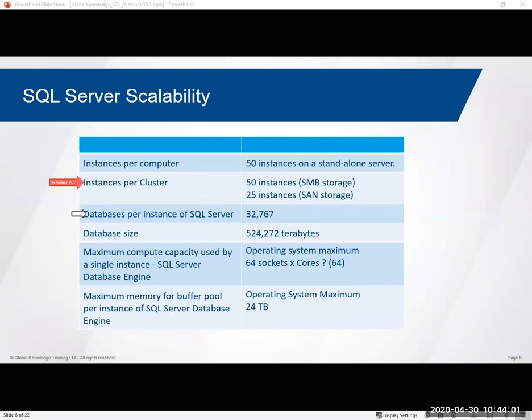An individual instance of SQL Server can have up to 32,000 odd databases, and each database can theoretically achieve up to 524,000 terabytes in scale. There are no specific limitations on the size of an individual table within a database. It's based upon the amount of storage that you have available.